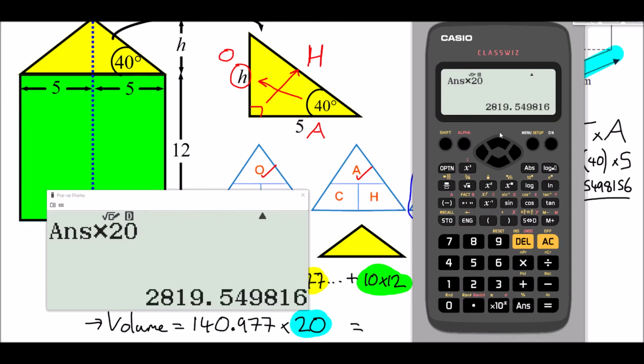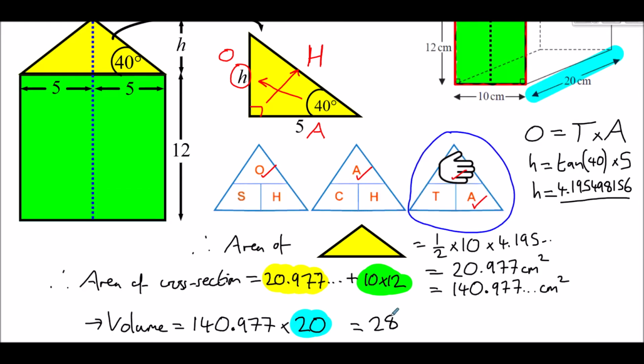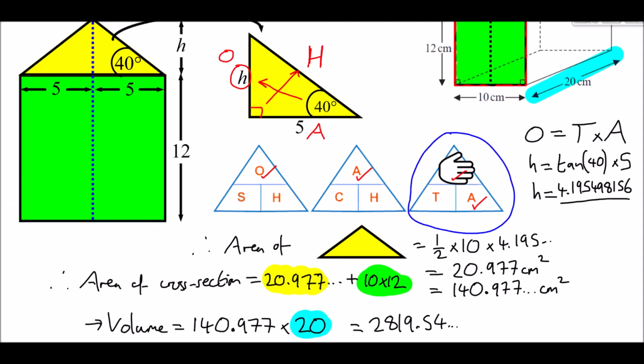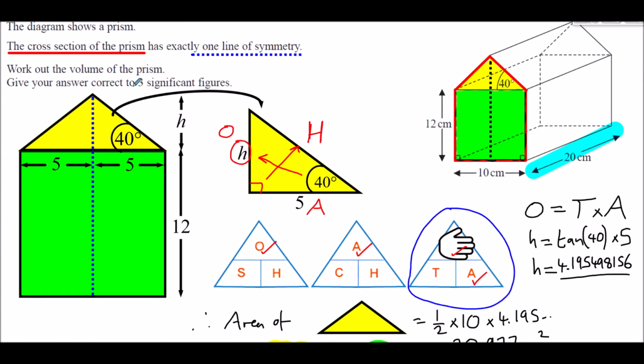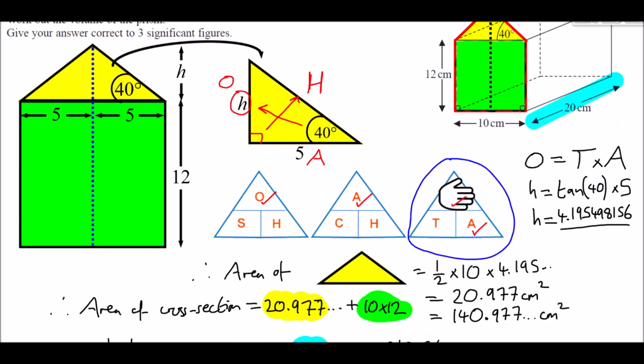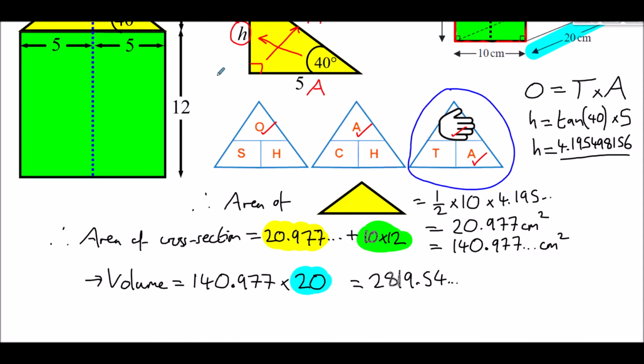We get 2819.54 and so on. But now we need to just check how accurate we need to give our answer. So we need our answer to 3 significant figures. So we just want to keep the 2, the 8, and maybe the 1, unless that 1 rounds up.